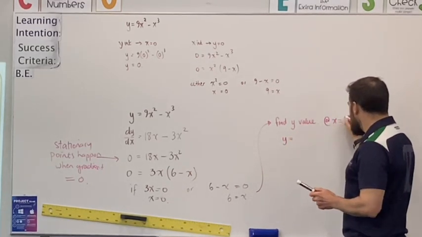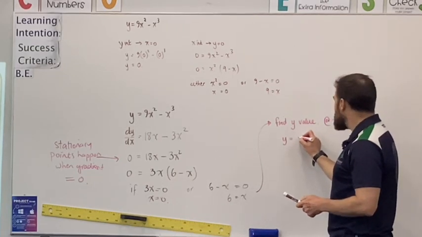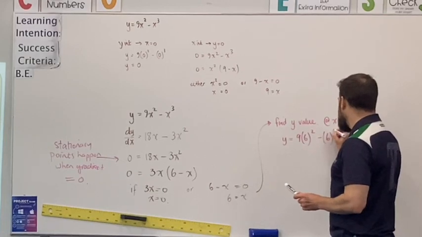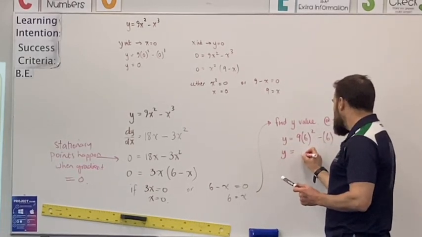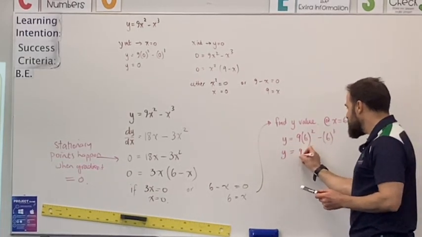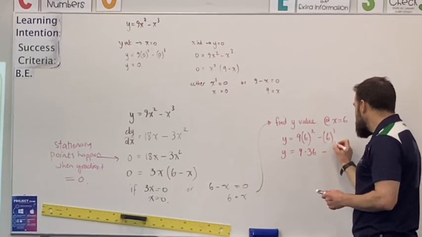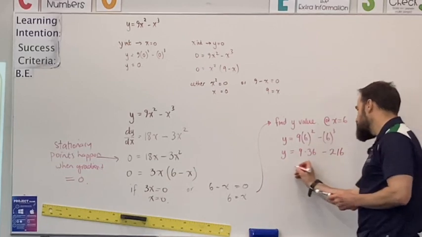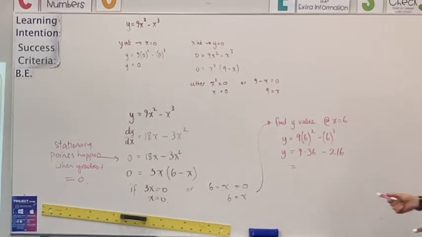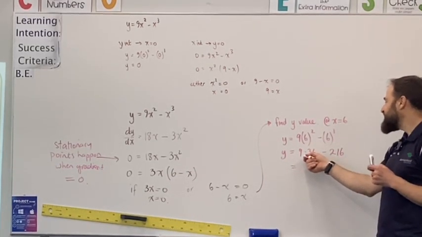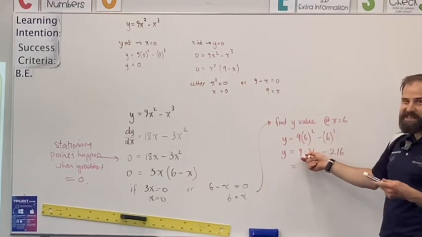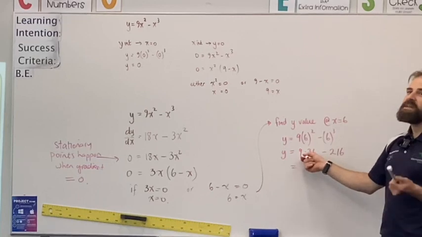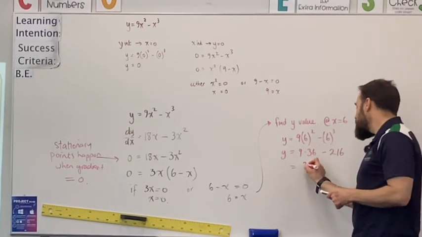At x equals 6, y will equal 9 times 6 squared minus 6 cubed. 6 squared is 36. 9 times 36 minus 6 cubed, which is 216. 9 times 36, 9 times 30 is 270. 9 times 6 is 54. 270 and 54 is 324.